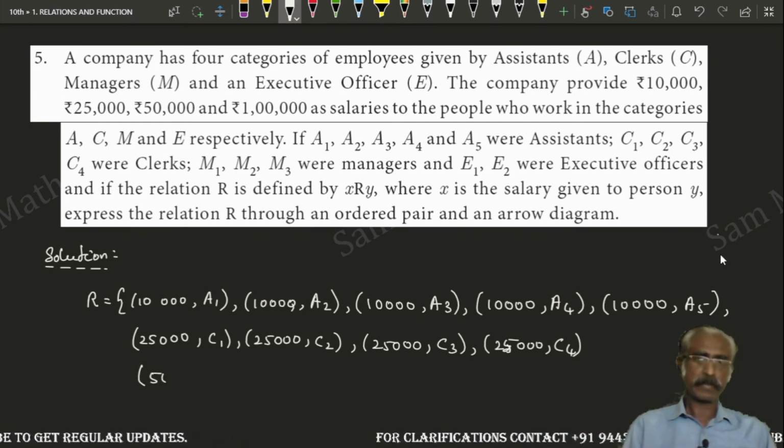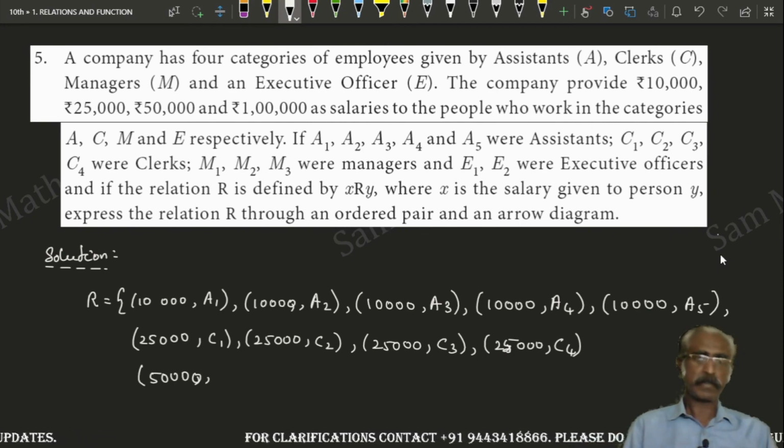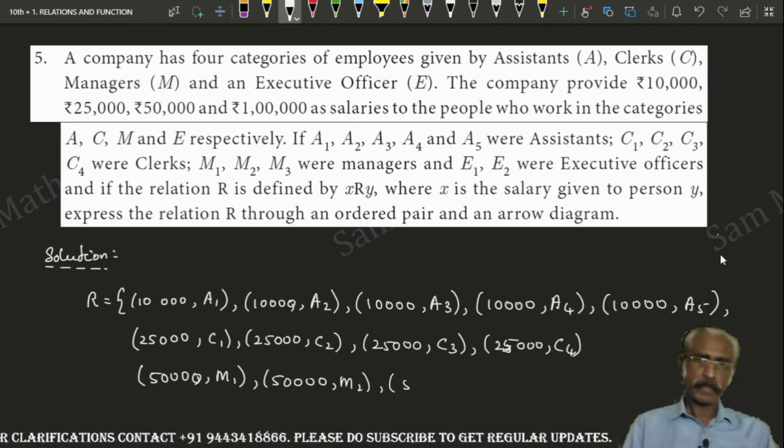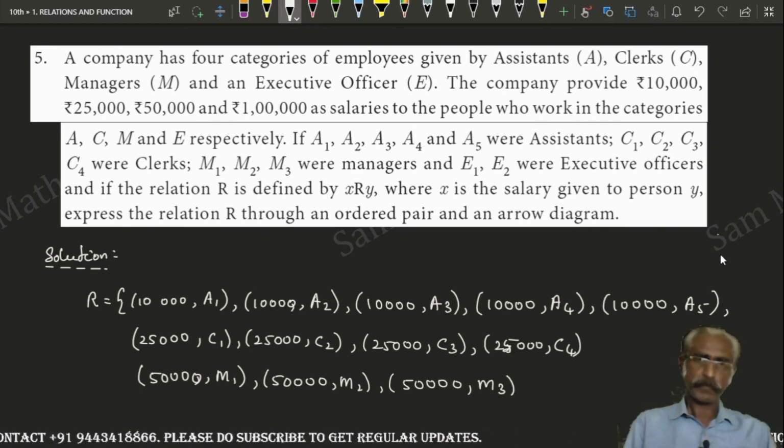Their salaries are 50,000: (50,000, M1), (50,000, M2), (50,000, M3). Now we have to move on to executives.